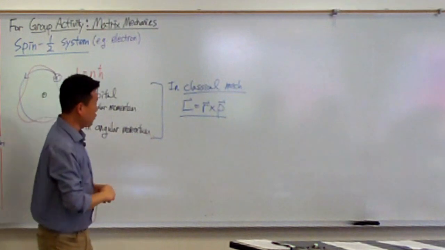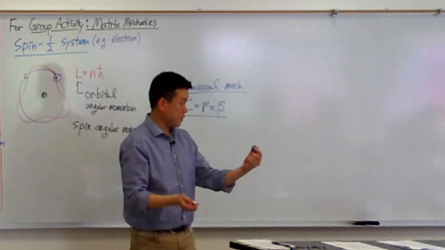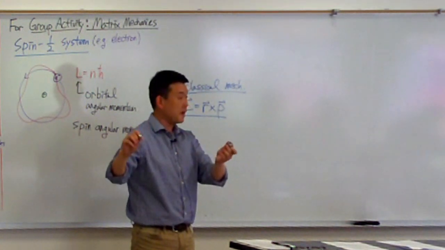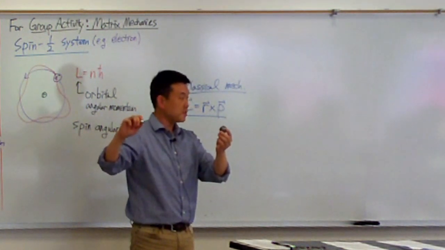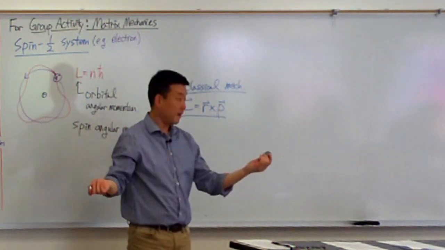With what we call orbital angular momentum in classical mechanics, this thing is small enough compared to its lever arm that I can say it's more or less a point mass. So it's a point mass orbiting at this radius, so it's just mvr.